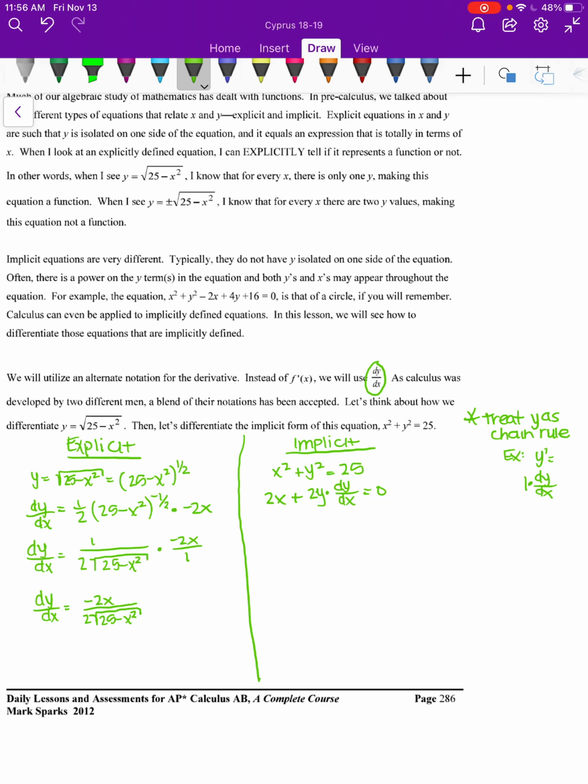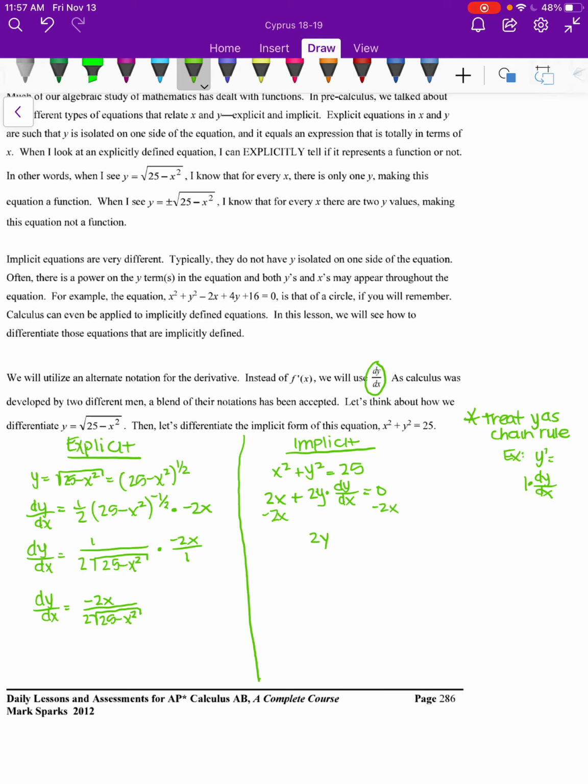So the derivative of y squared was 2y times dy dx, where y is the inside function and the outside function is something to the second power. Okay. Now I want to get dy dx by itself, because that's what it means to differentiate. So I'm going to subtract 2x from both sides.